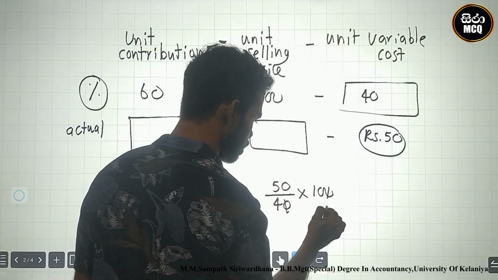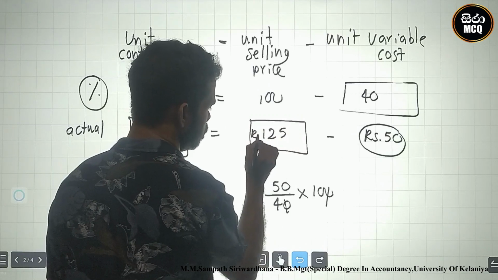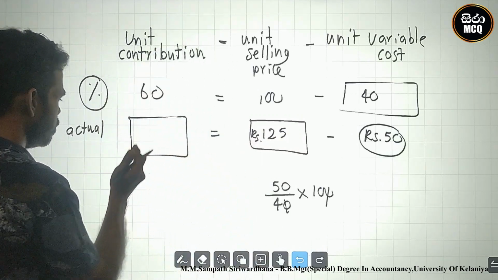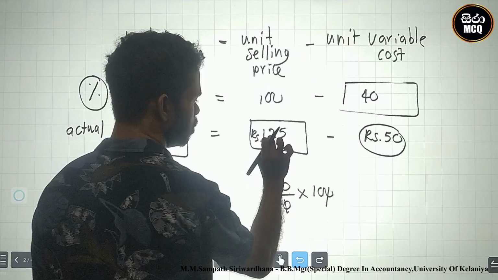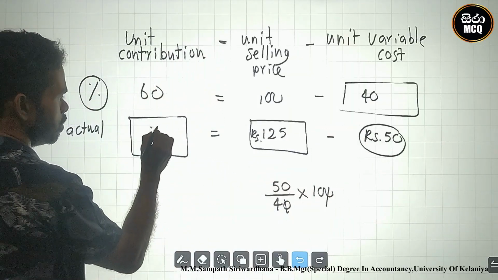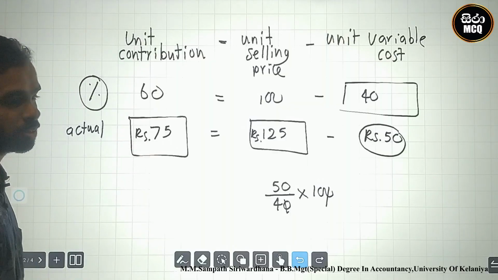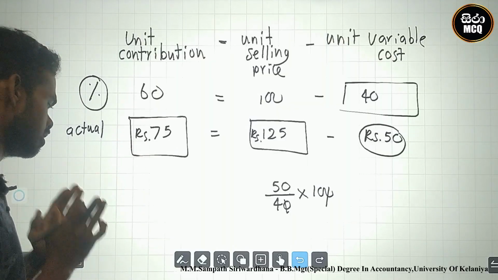Therefore we can find 125 in rupees. Therefore we can easily find the contribution: 125 minus 50, 75 rupees. 75 rupees is the unit contribution. Okay, all are done.